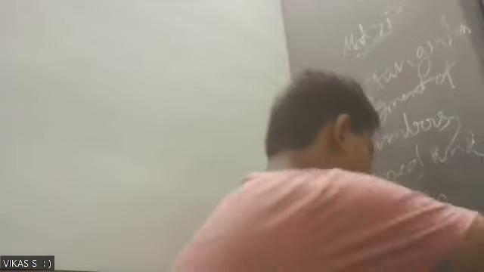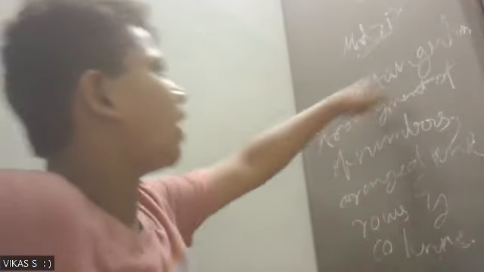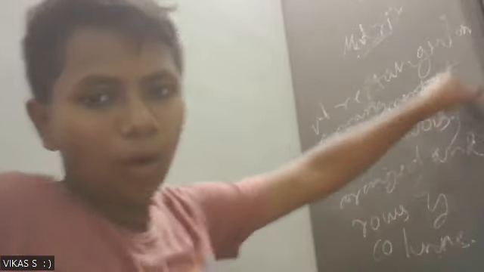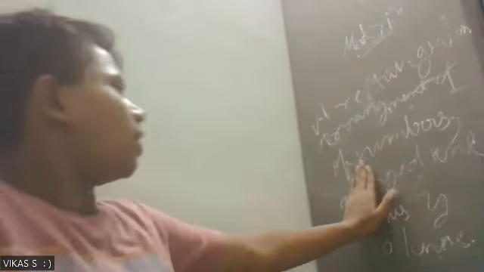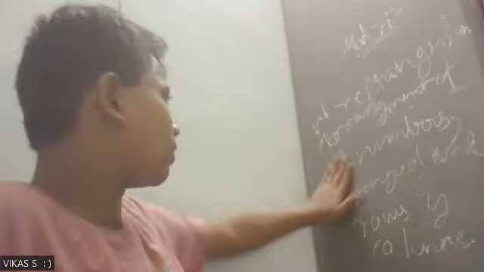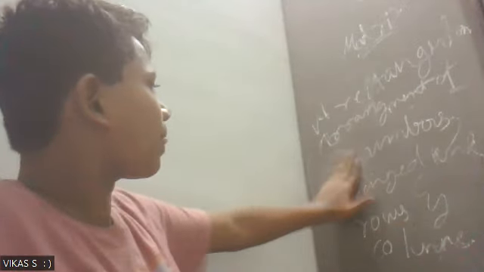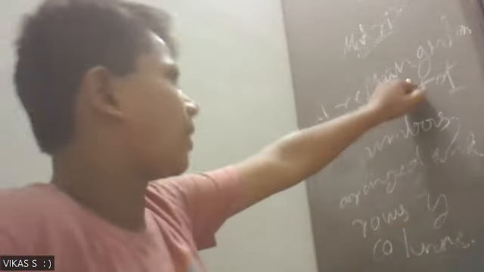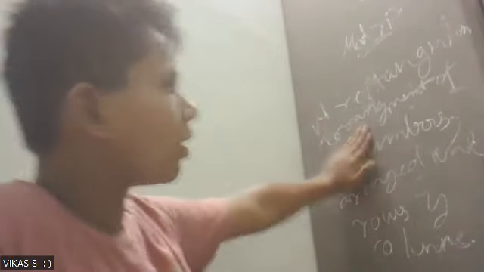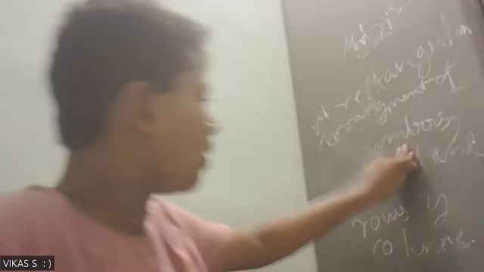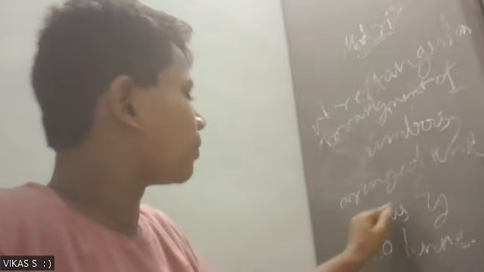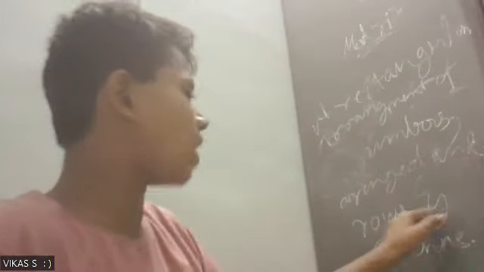A matrix is a rectangular arrangement of numbers. Basically, they're arranged in the form of rows and columns.